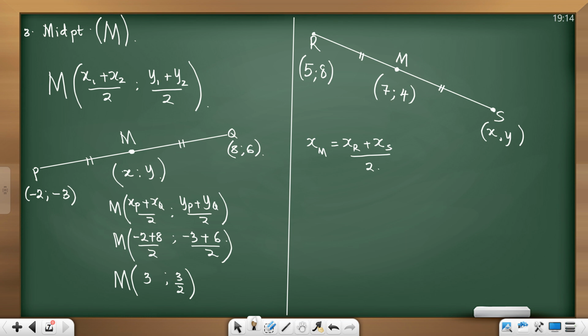Do I know my XM? Yes, 7. What is XR? 5. I do not know XS. Cross multiply: 14. 5 plus XS equals 14. 14 minus 5 gives 9.